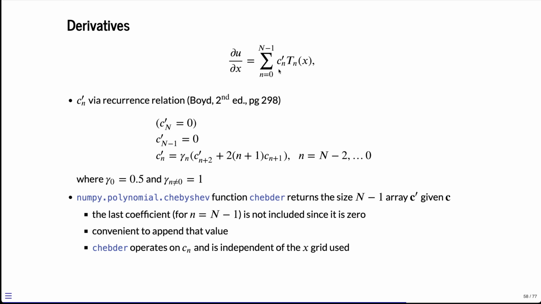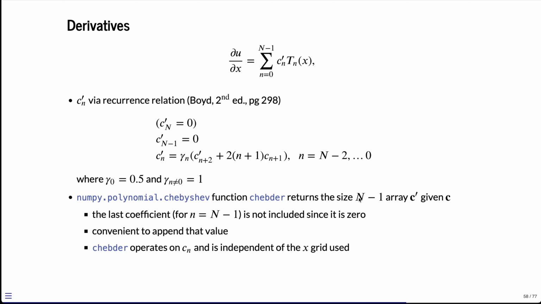There's a function that computes these coefficients for us. numpy.polynomial.chebyshev has the function chebder, and it returns the size n minus 1 array C prime given C. So you just call chebder with the coefficients of the u field, and it will compute the C prime coefficients.